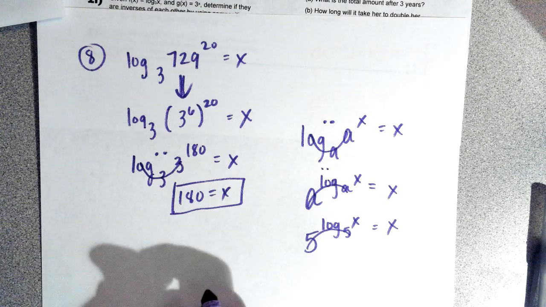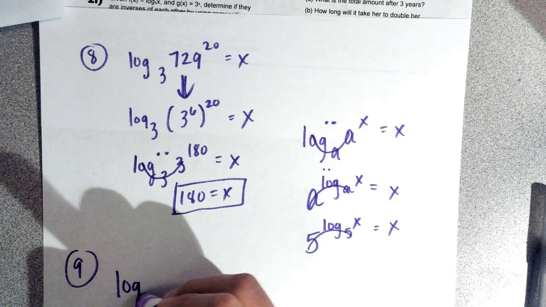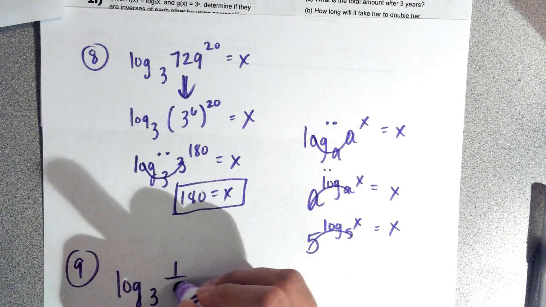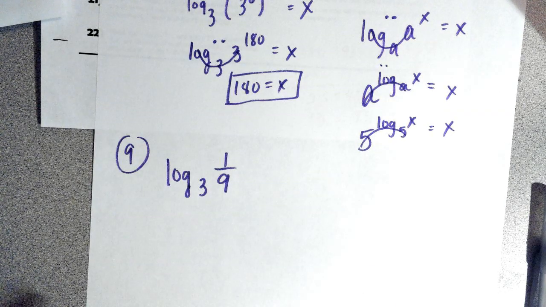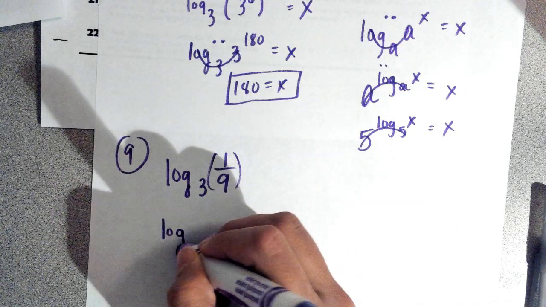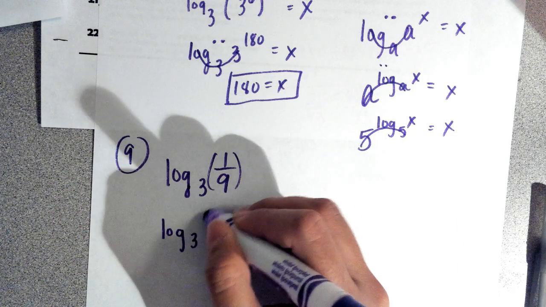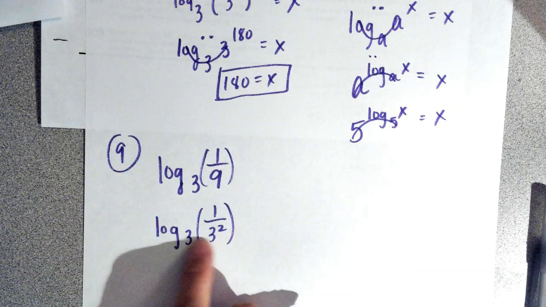Alright, so let's look at number 9. Number 9, you have log base 3 of 1/9. Now I know I can rewrite 9. Right, 1/9 is your argument, so be careful here. I can rewrite 9 as 3 squared. But I can't cancel this yet.